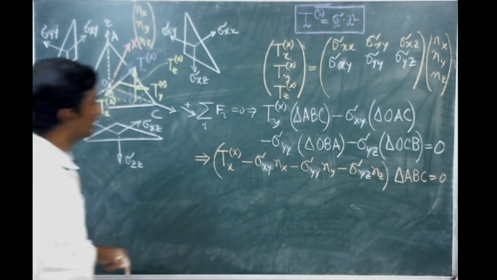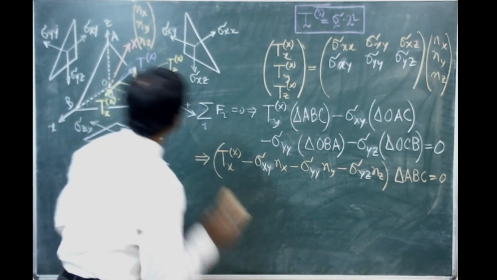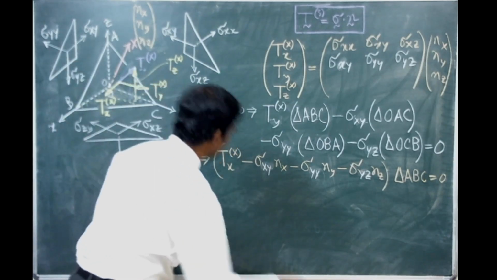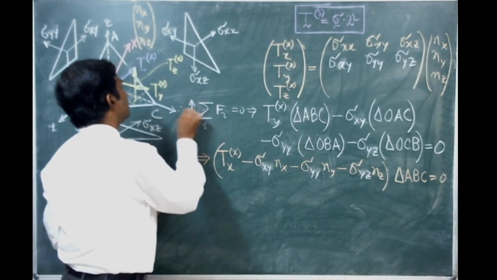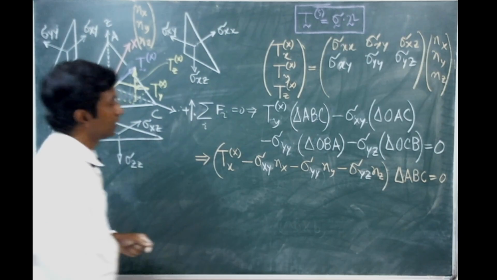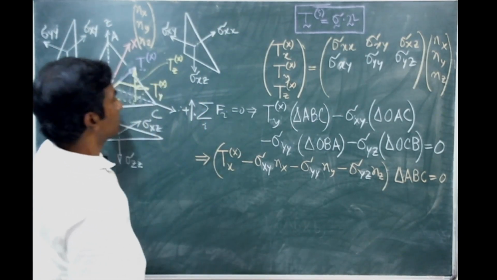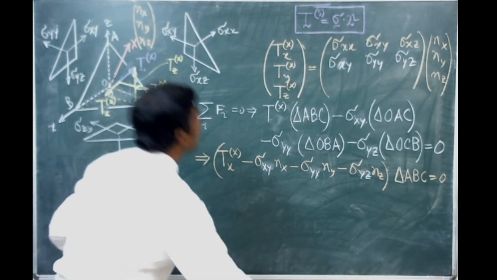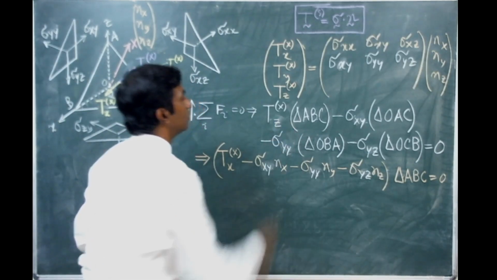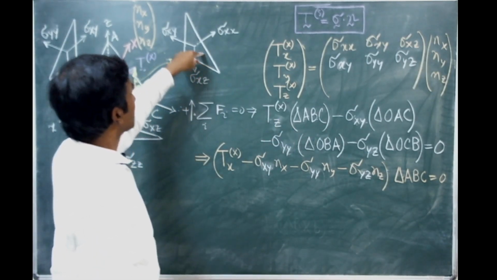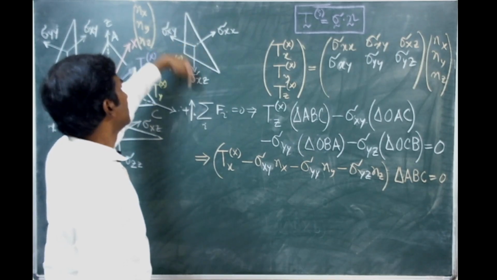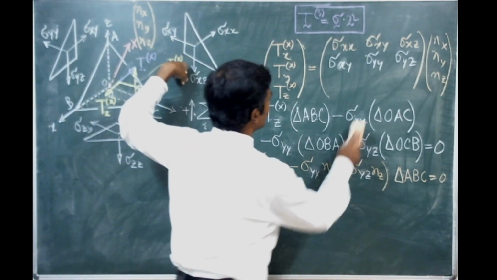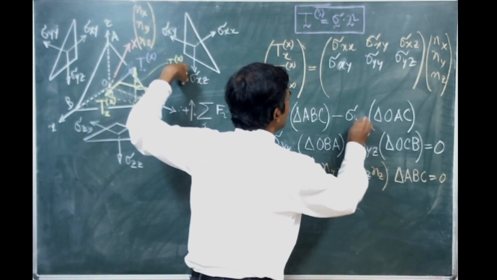Now you consider the translational equilibrium along the z direction. What do you get? You see this direction. You first consider the ABC plane, so along the z direction you have Tz. Now you come to the negative x plane, sigma xz is acting, so you get sigma xz.